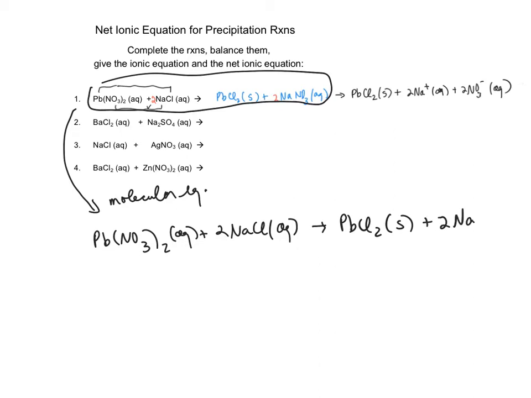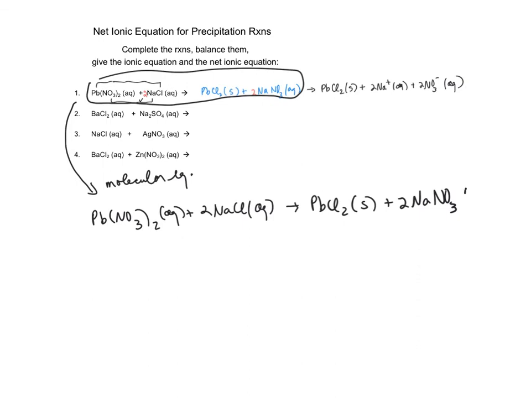So you did the double exchange, you figured out what the new formulas are going to be, you figured out which one is soluble and which one is not. Then you want to write the ionic equation.